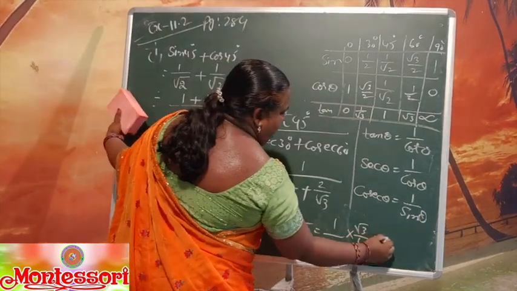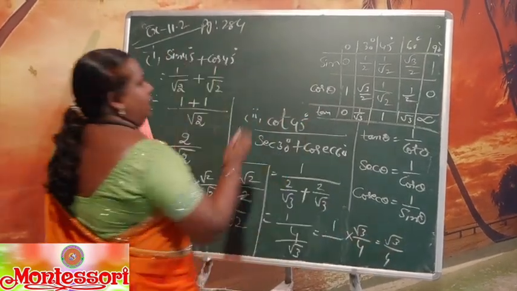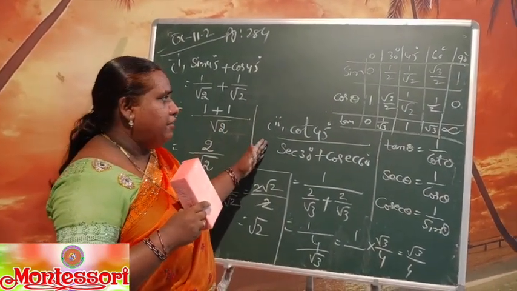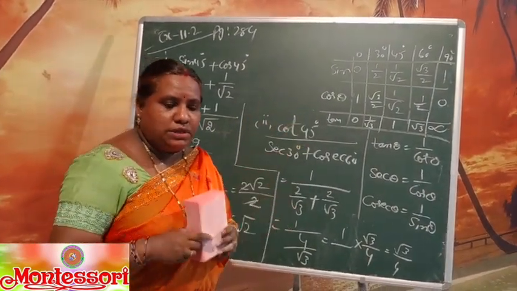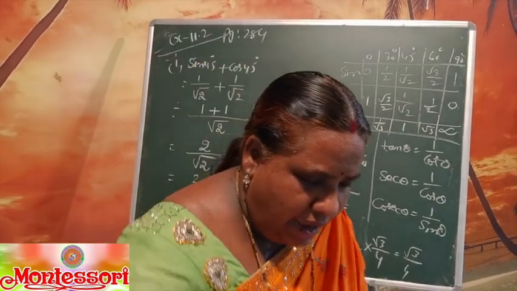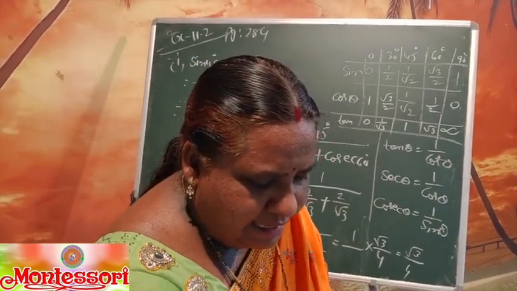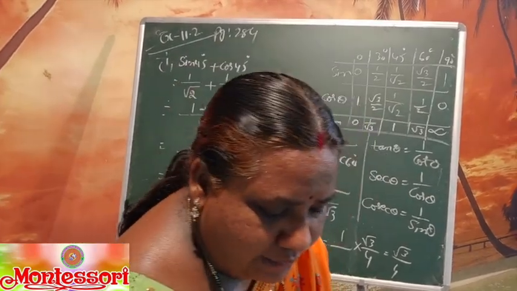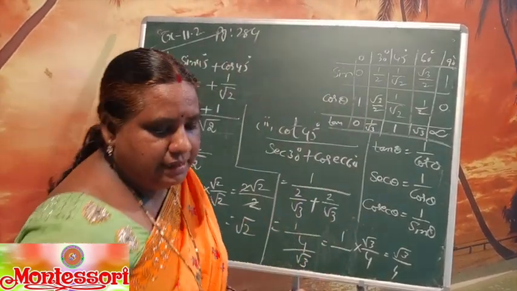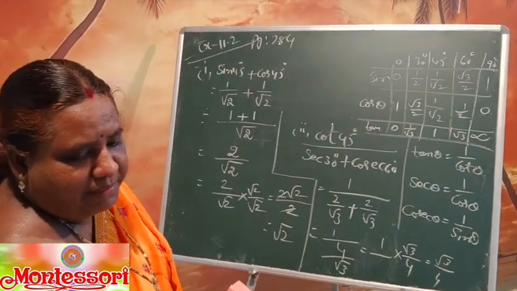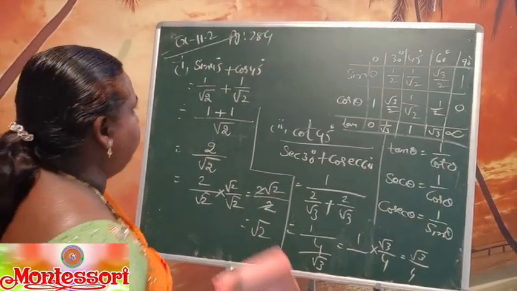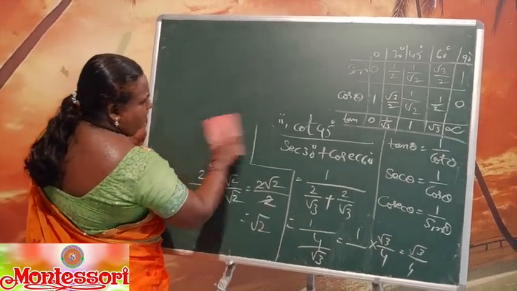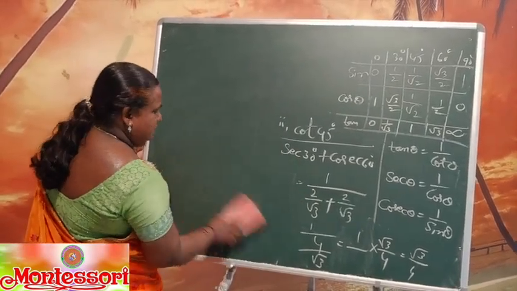So the answer is root 3 by 4. Once again I am saying, in this way we just have to substitute the values of trigonometric ratios. Now I am giving the third and fourth as homework. Next, we'll go for sec square 60 minus tan square 60. So this first sum, children, we completed. Now I am going to say the third sum.